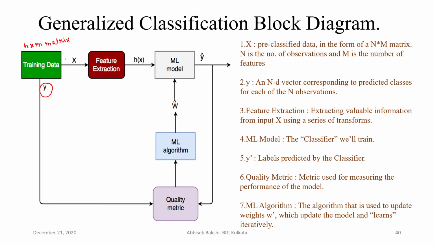From this training data set, some pattern x comes in, and extracting features, the model, which is nothing but some function, takes the features of a particular pattern, for example the set of features of the first pattern, and produces some y. This is what is predicted, and this y is the actual.